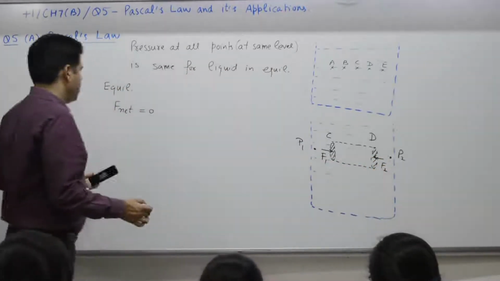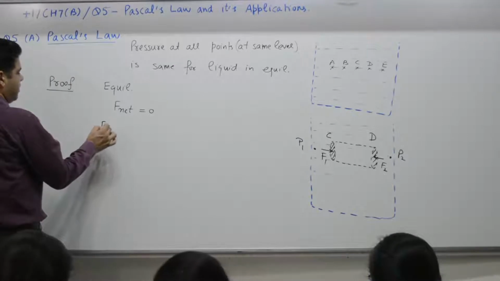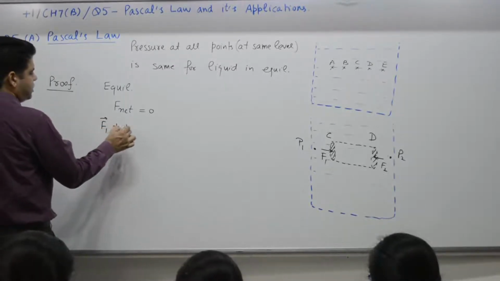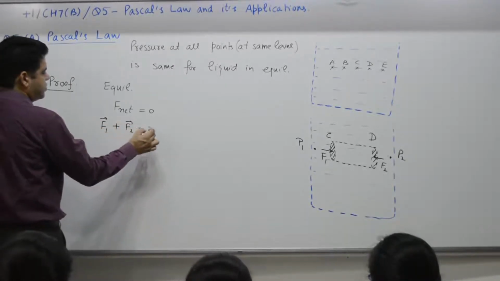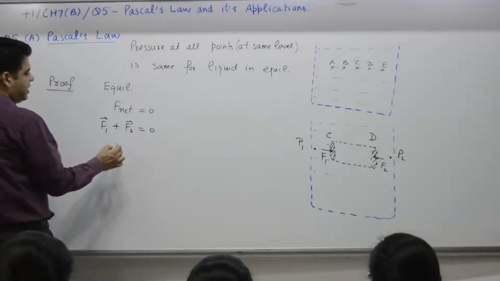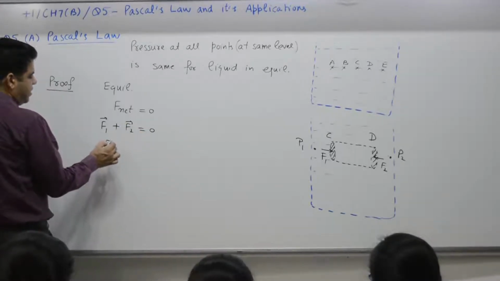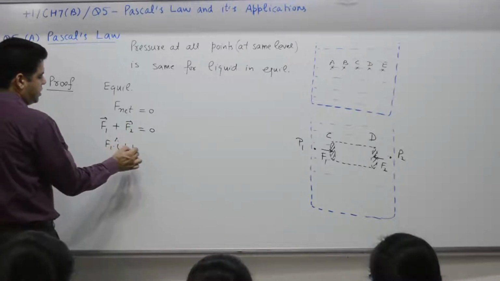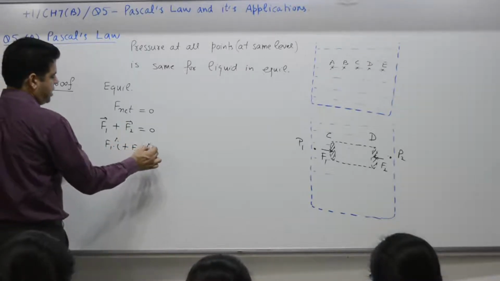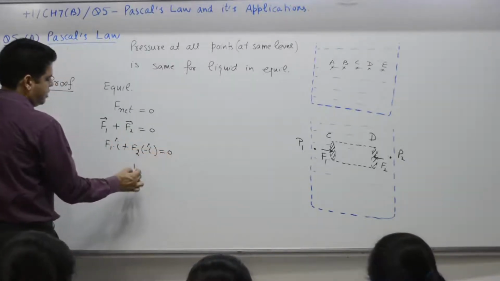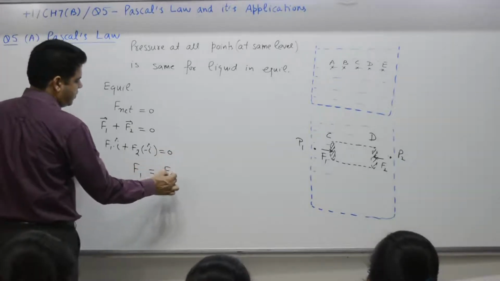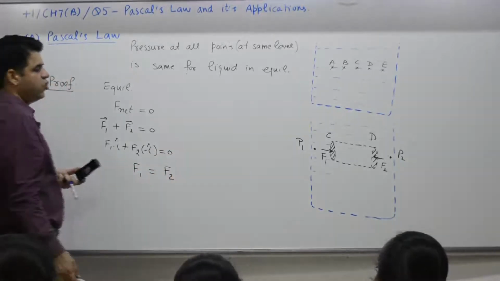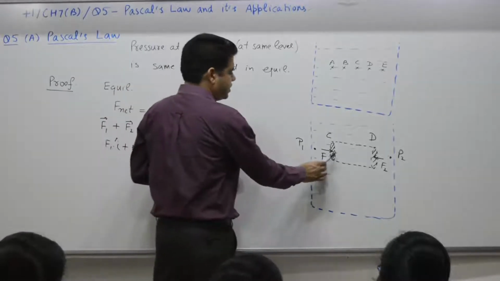Two forces are equal and opposite, or you can say vector F1 plus vector F2 is 0. F1 is to the right, F1 i plus F2 minus i is 0. Means F1 is equal to F2.